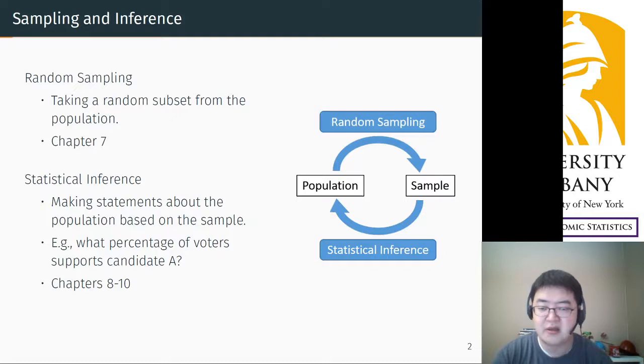Like in the presidential election example, what percentage of voters support a certain candidate. The statistical inference methods will be discussed in chapters 8 through 10. So three chapters are devoted to statistical inference methods. Estimation is just one of them.